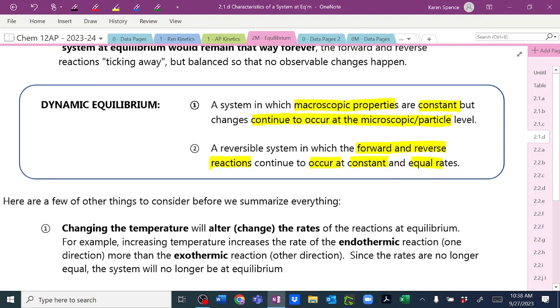All right, what do you think? Adriana? Constant accounts for the changes continuing to occur.